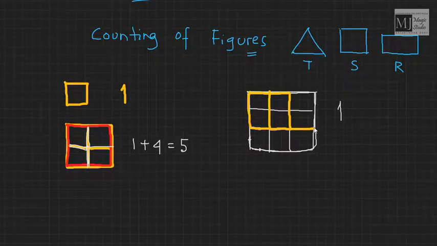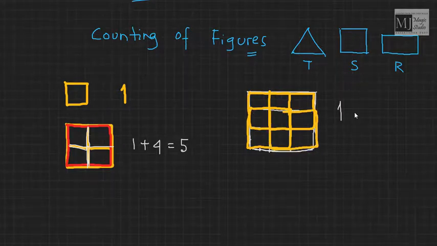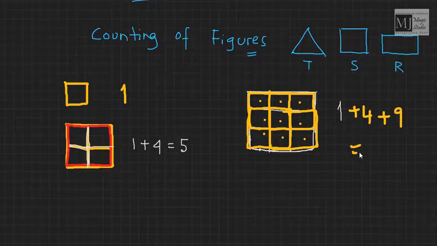Again, this is also 2 into 2, another square. This is 2 into 2, third, and this one is fourth. So plus 4. And then we have the small ones, 9 of these. 14 squares of different sizes I can see.